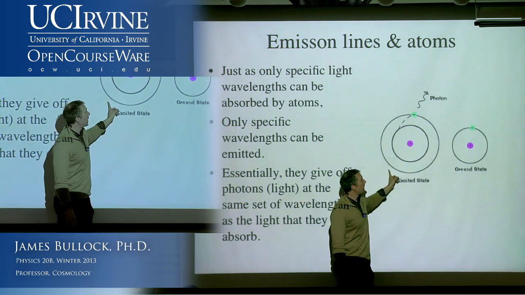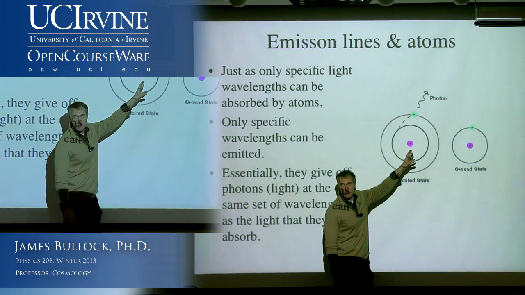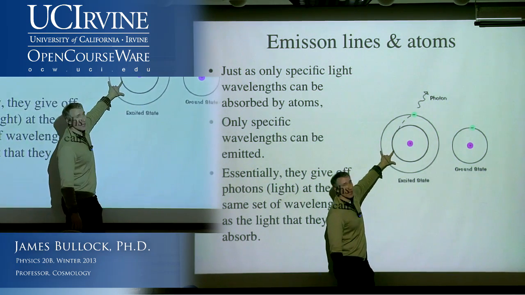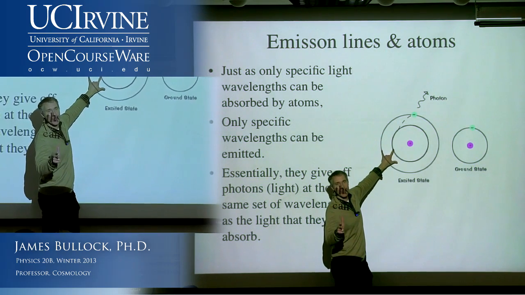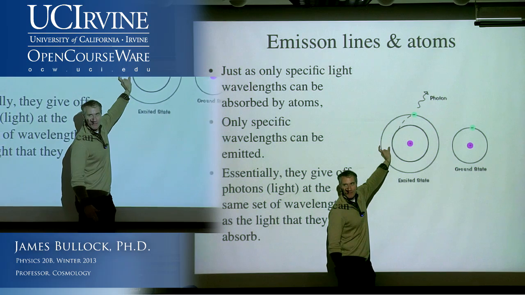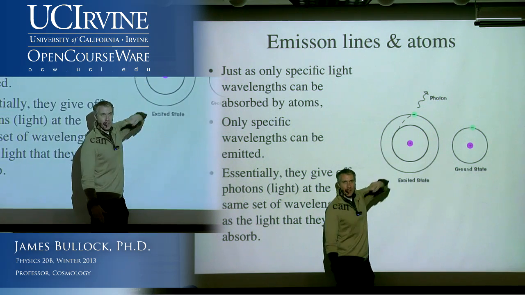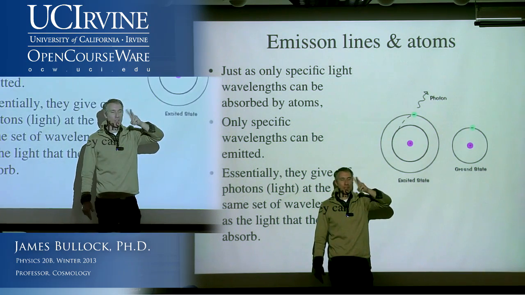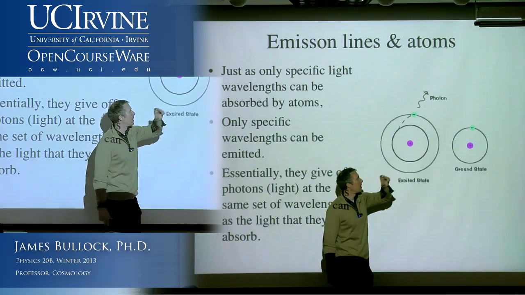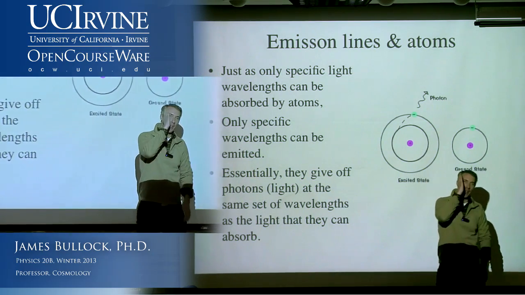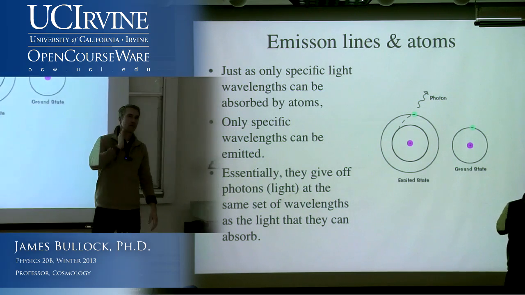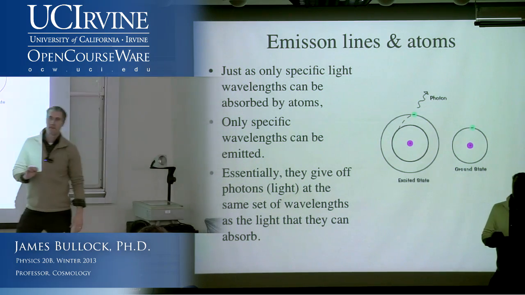It gives up energy by spitting out a photon, and the photon has a wavelength associated with this energy difference. So the energy gives you the wavelength. They're interchangeable, remember. Because I know this energy difference, that gives you the wavelength of the photon, so that gives you where that line is in the spectrum, that emission line.